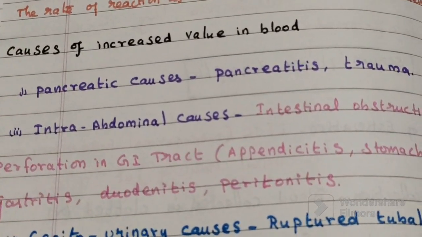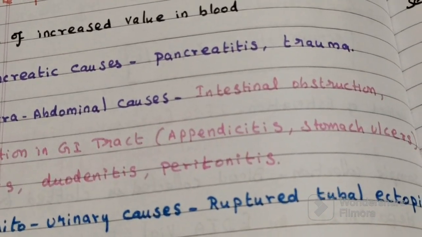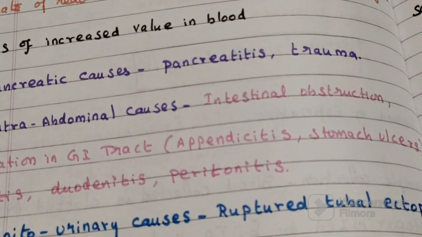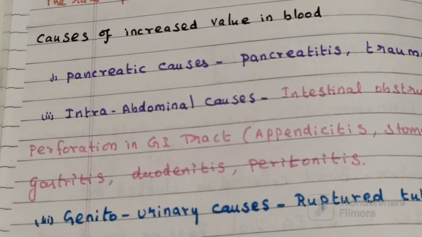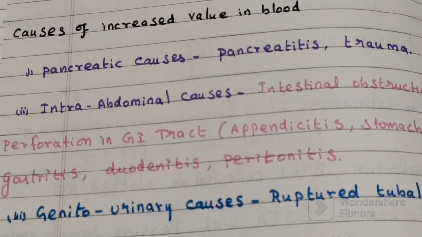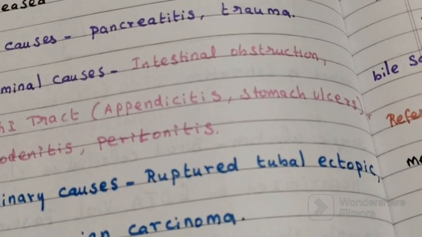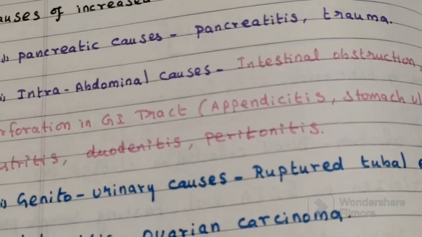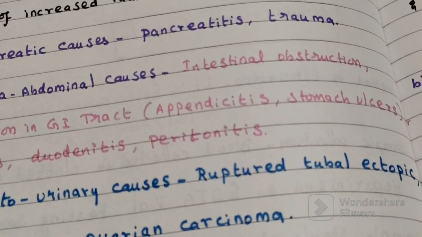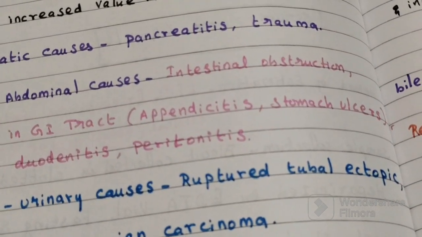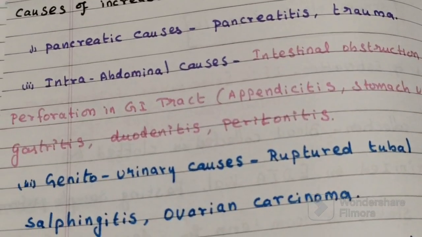Second, intra-abdominal causes, that is intestinal obstruction, then perforation in the GI tract, appendicitis, then stomach ulcer, gastritis, duodenitis, and peritonitis. In all these conditions, amylase level will increase.